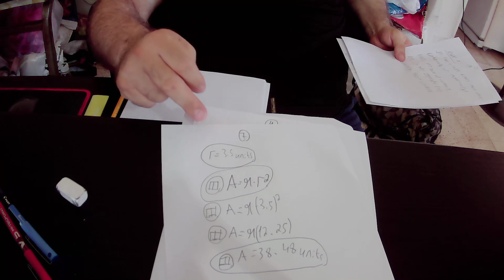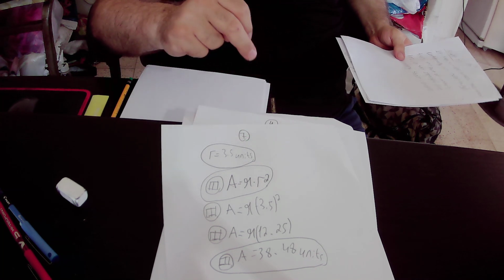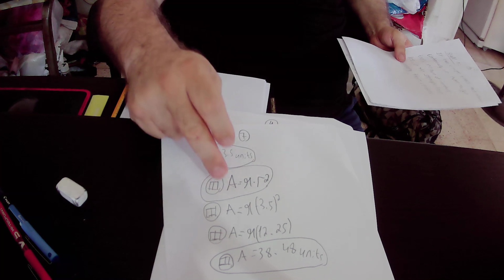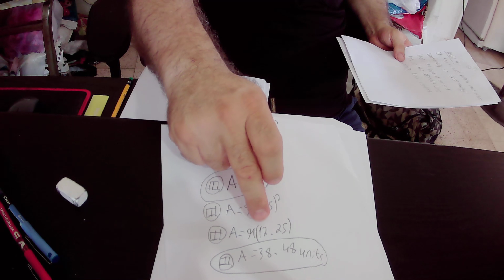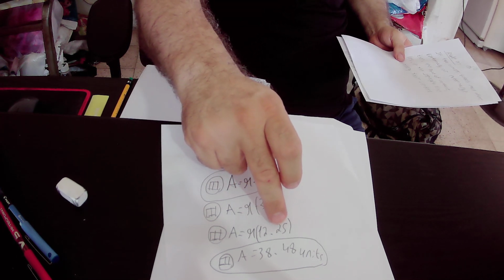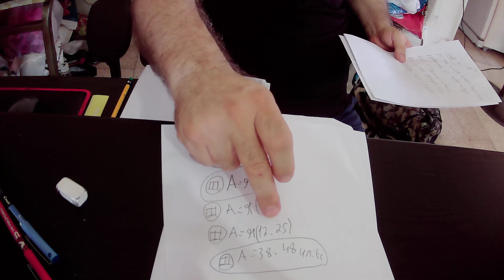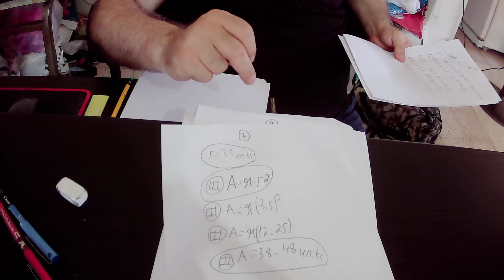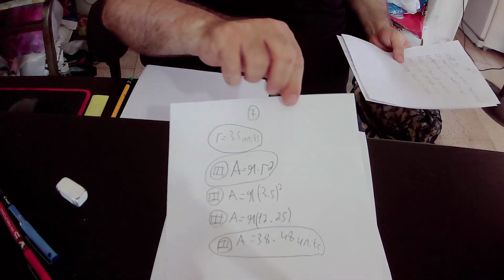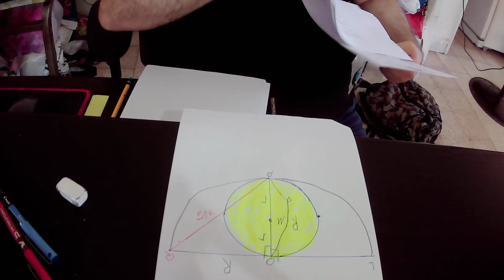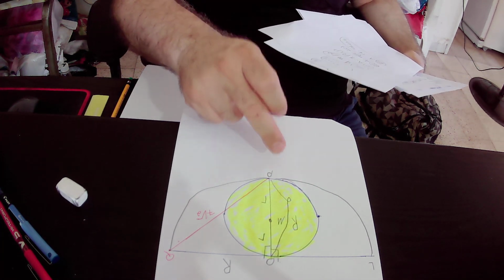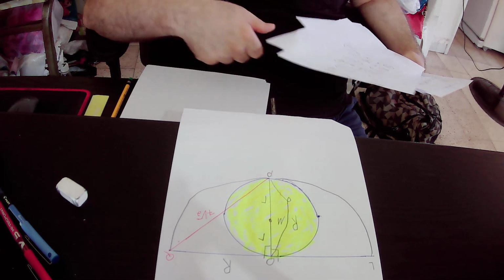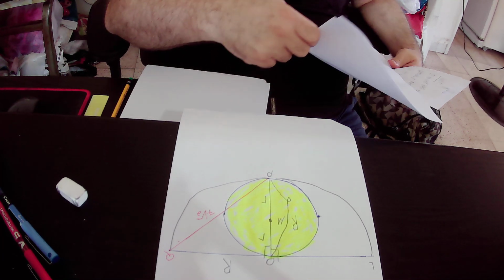So we put the value of r in the equation, and at the end we found that the area of the yellow circle equals 38.48 units. So the area of the yellow circle equals 38.48 units. That is the answer to the question.